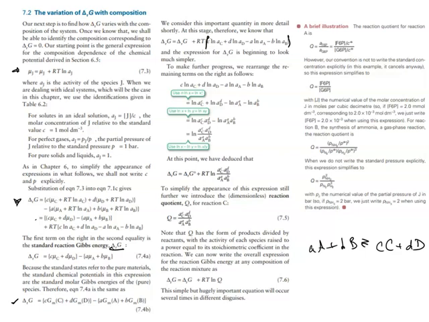To make further progress, we rearrange the remaining terms on the right as follows, and once you follow the rearrangement, we can conclude the following, where delta GR is going to equal delta GR° under standard conditions modified by the following term, RT natural log of a sub C to the c, a sub D to the d, over a sub A to the a, a sub B to the b.